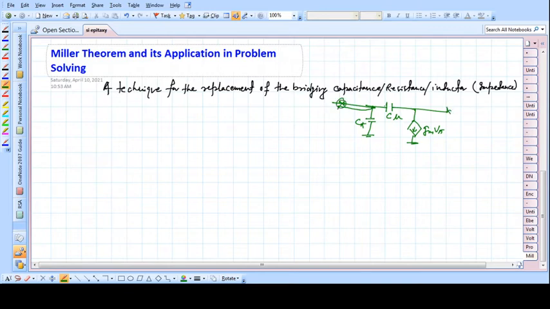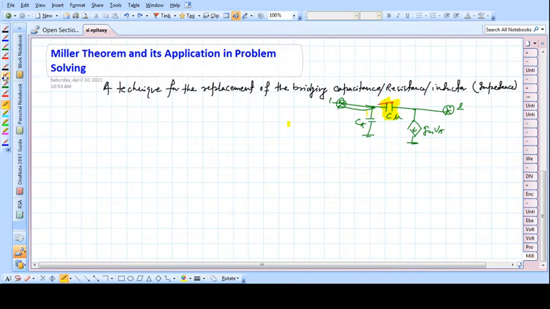I am not going to the other part. To solve such a problem we can use this Miller theorem. We just have to replace this bridging capacitance by its equivalent impedance at the input side and at the output side.